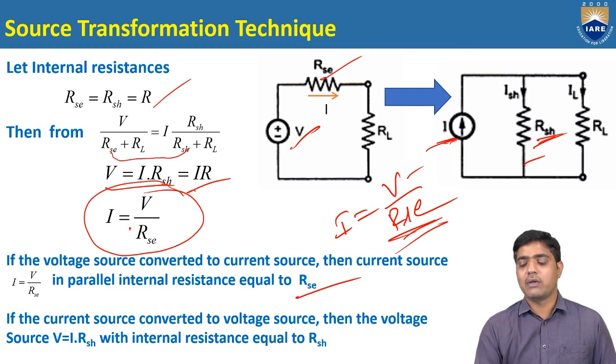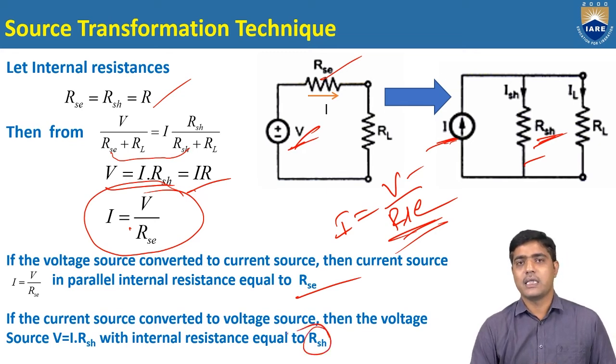And if you are going to convert the current source into the voltage source, then V is going to be I into RSH, and RSC is going to be RSH. Like that you can convert vice versa, voltage to current or current to voltage, very easily.